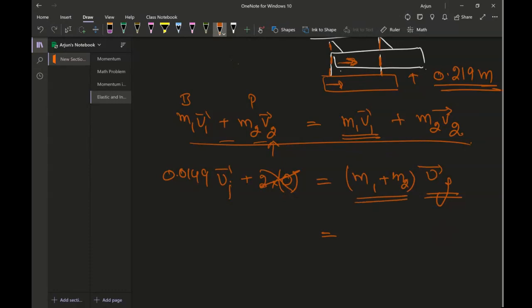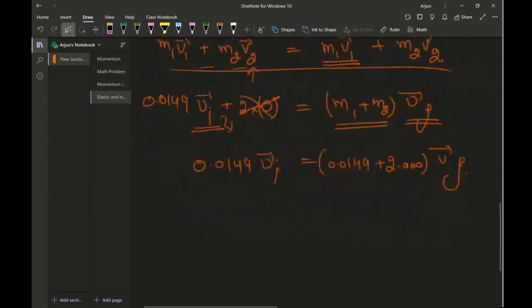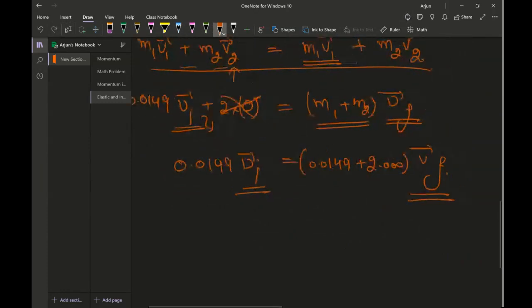I have the mass down here, which is 0.0149 plus 2 kg, and v final is not given to me. I'm going to solve for 0.0149 v initial. So to solve for v initial, I need to first find the v final.